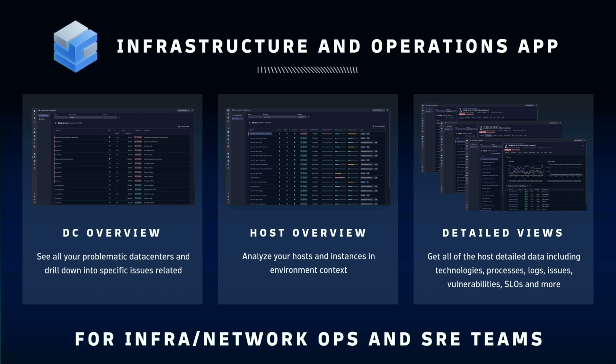The three views you'll find in it, the data center view, the host overview, and the detailed views, are used to follow the red from the data center down to individual processes and technologies with individual signals, like logs, issues, vulnerabilities, SLOs, and others. So this is from me for this app, and now Matt will show you how that works in practice.